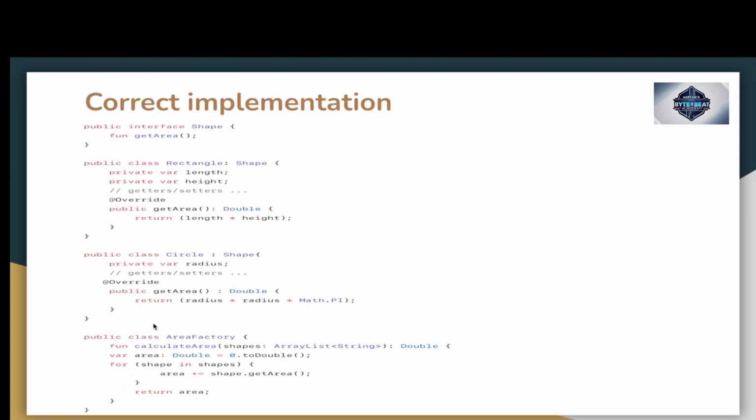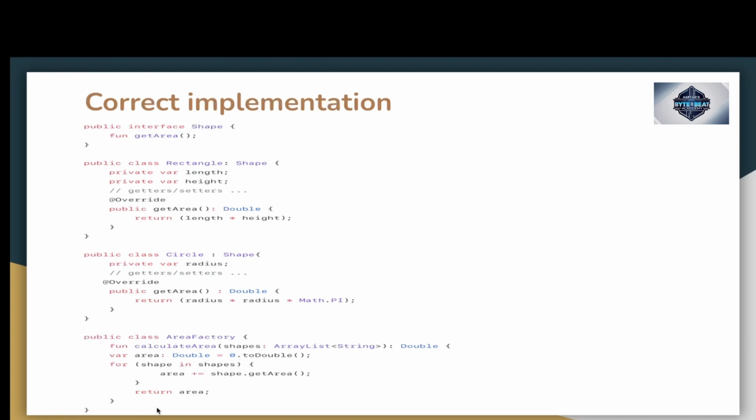Let me take you through this one more time. We have created one interface with getArea, then there is a Rectangle class and a Circle class. But the change I have made in the AreaFactory class is that it now has a function accepting shapes as an argument, as an array. So now in this array we can pass n number of classes and it will not require any change.